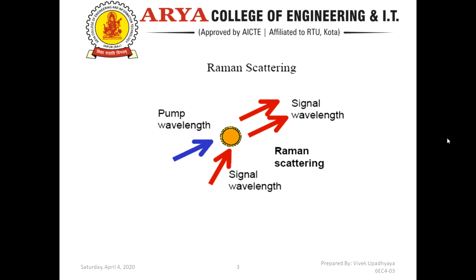So here we can say four things: the first one is the pump wavelength, then the signal wavelength, and this is the Raman scattering, and this is the signal wavelength after some amplification.